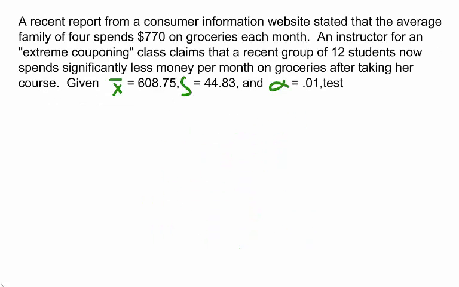Now let's take a look at an example where we conduct a hypothesis test. A recent report from a consumer information website stated that the average family of 4 spends $770 on groceries each month. An instructor for an extreme couponing class claims that a recent group of 12 students now spends significantly less money per month on groceries after taking her course.